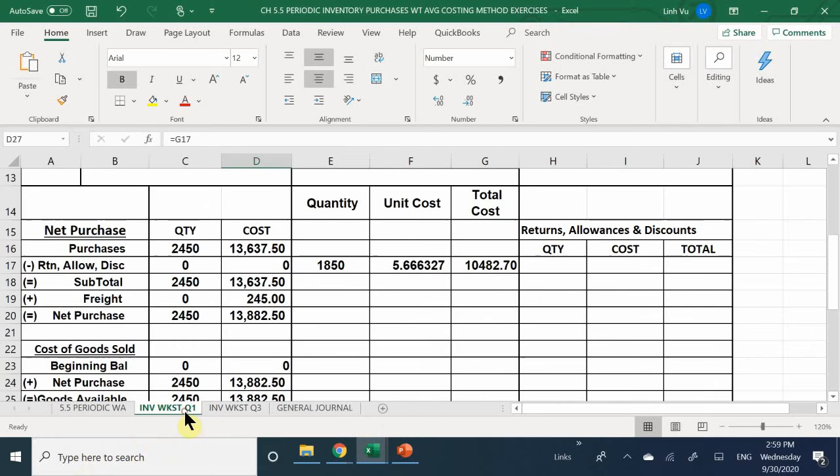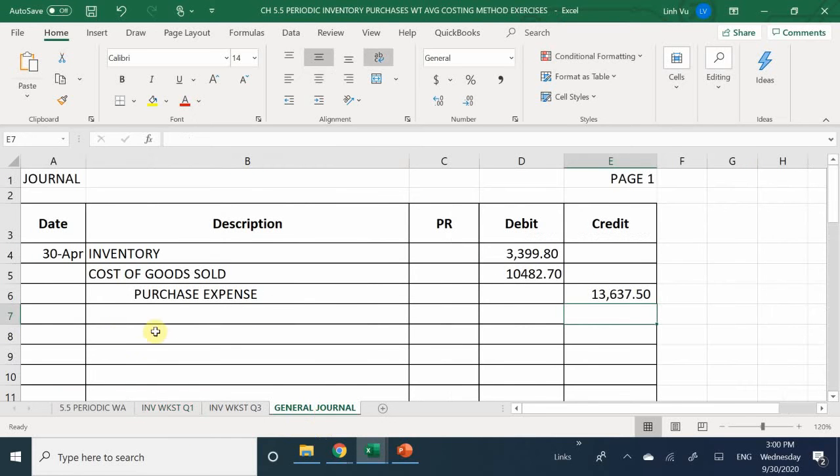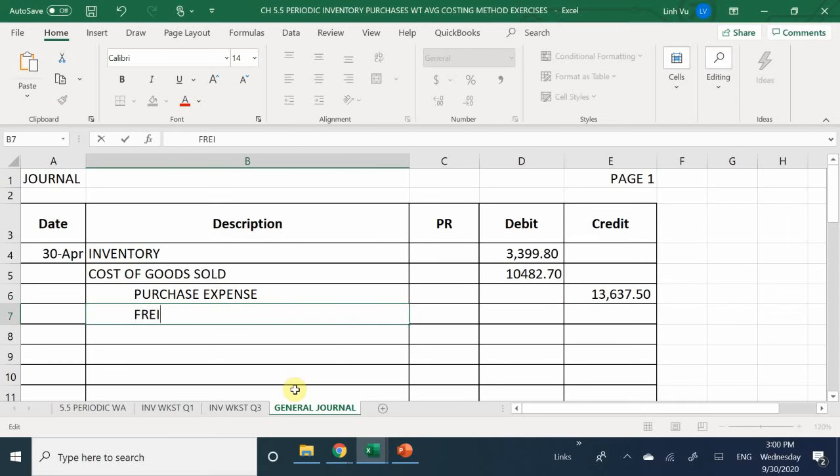Wait, no, not 882, that's including the freight. Sorry, the $13,637.50. Correct. And freight, $245.